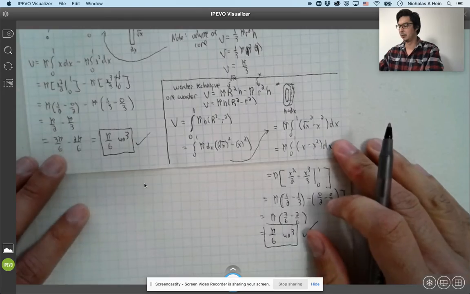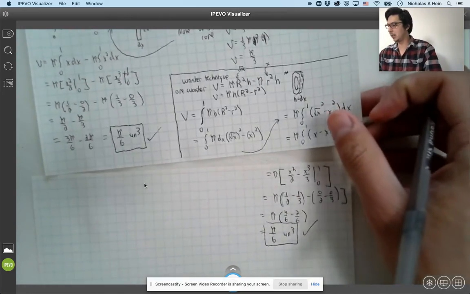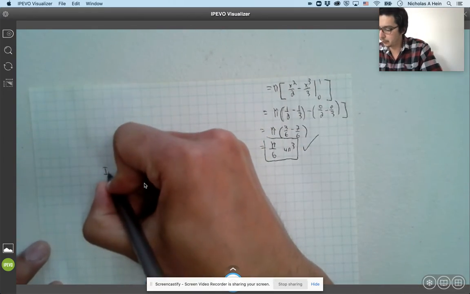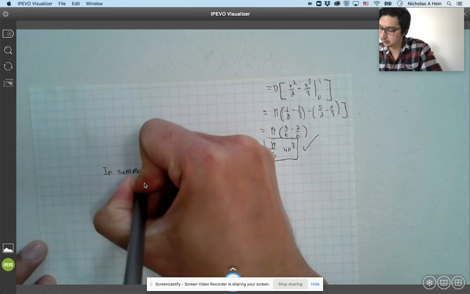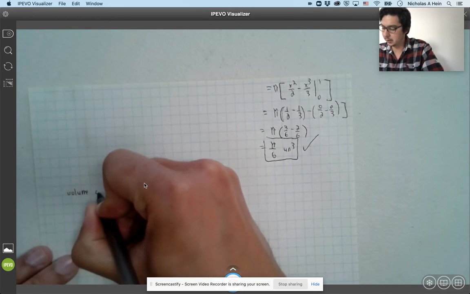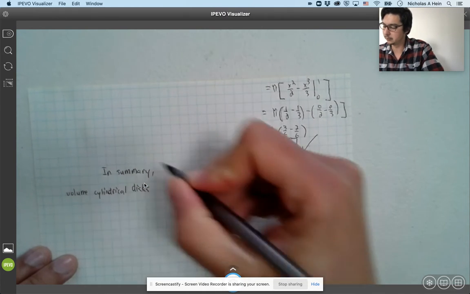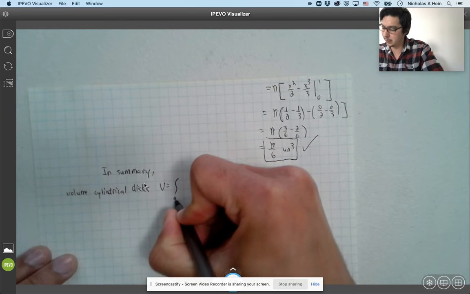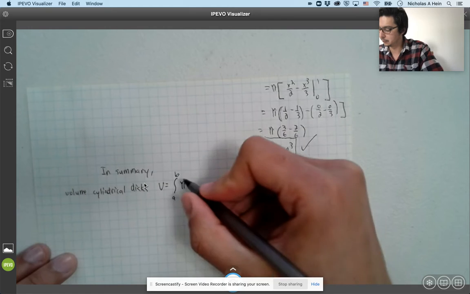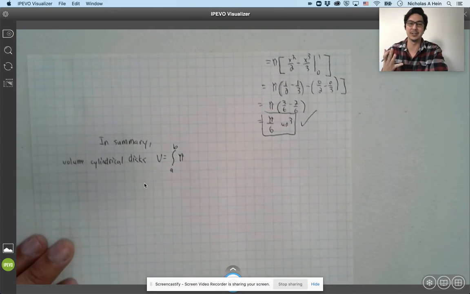Okay, so that's the washer technique. And let me summarize that, and then we'll look at one more example. So in summary, the volume with cylindrical discs is the volume from A to B of pi times your, really, I hate summarizing this because I don't want it to be black and white.